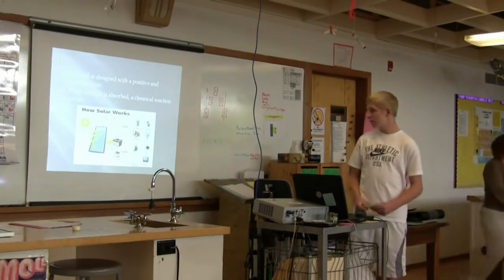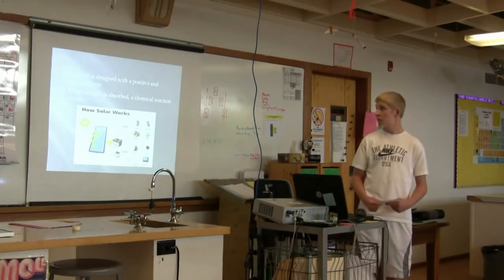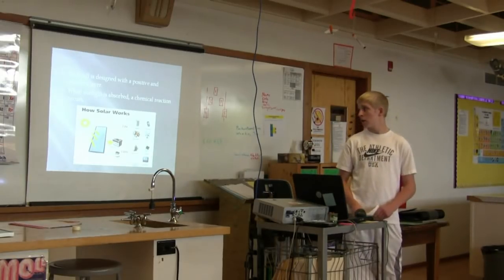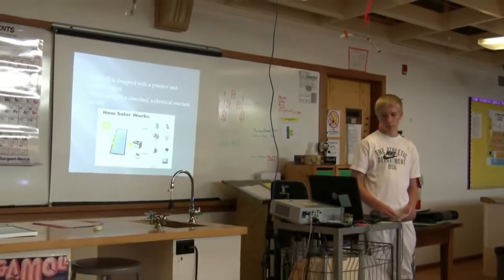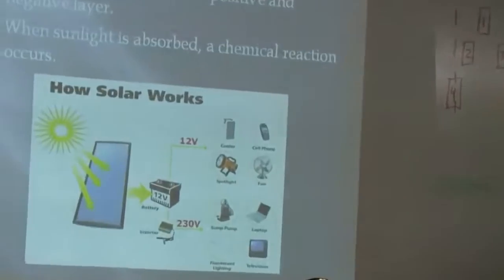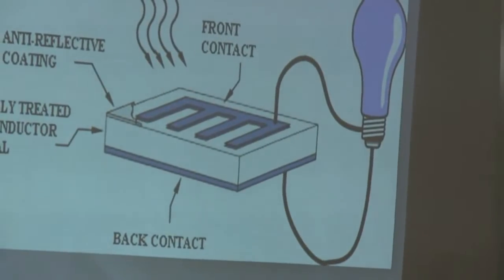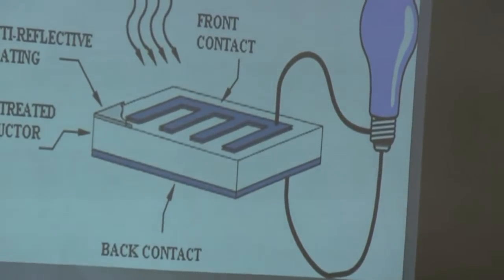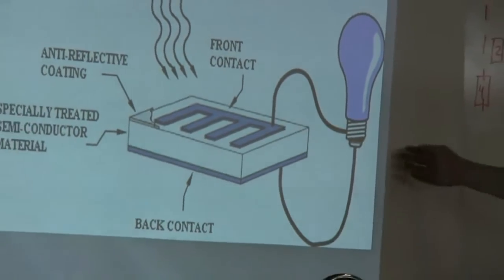Each solar cell is designed with a positive and negative layer. And when sunlight is absorbed in the form of photons, little packets of energy, a chemical reaction occurs. Here's a little thing to show you guys how this works.